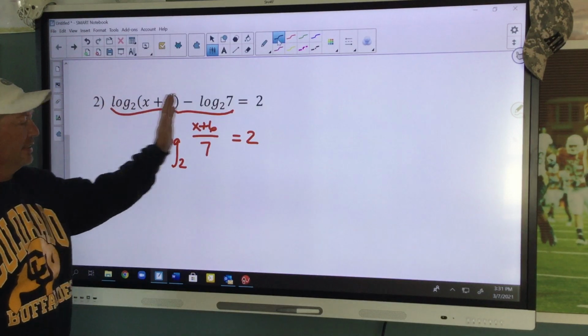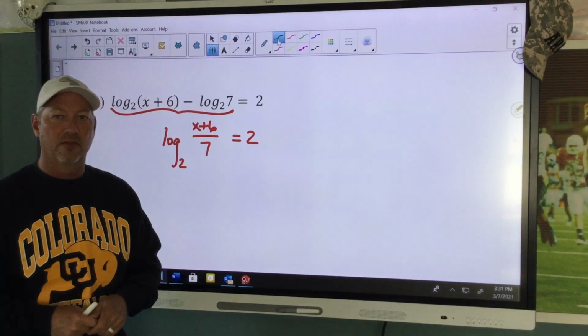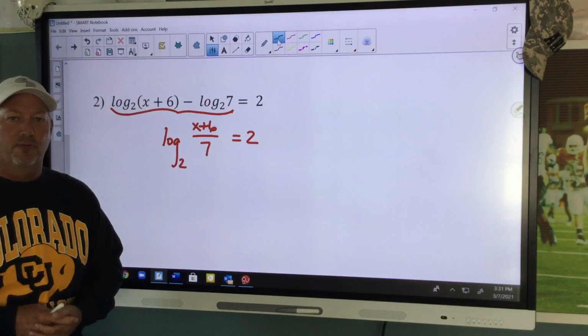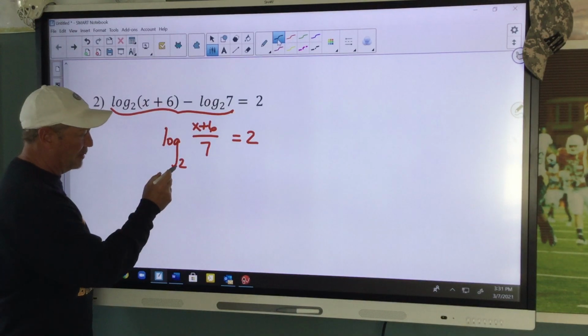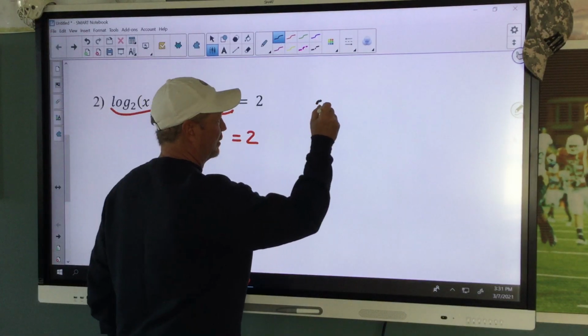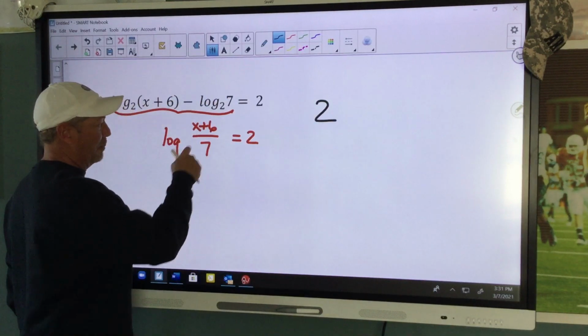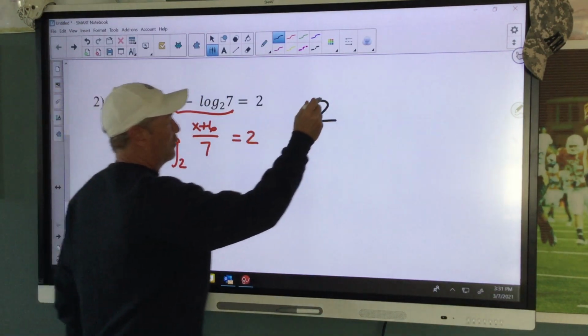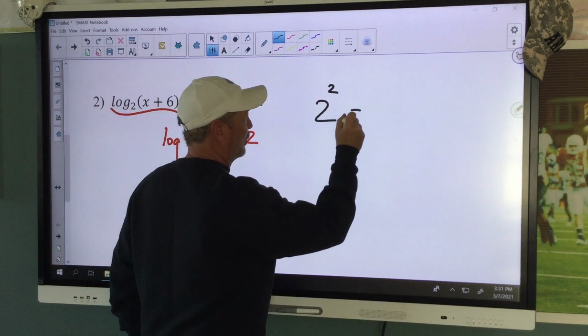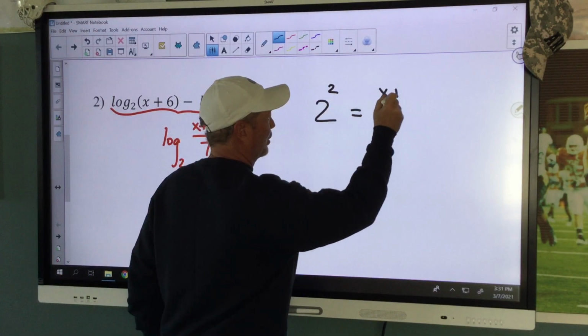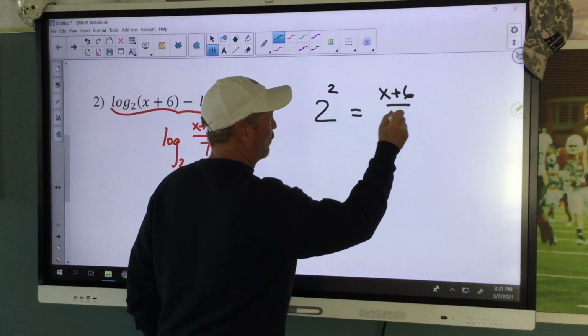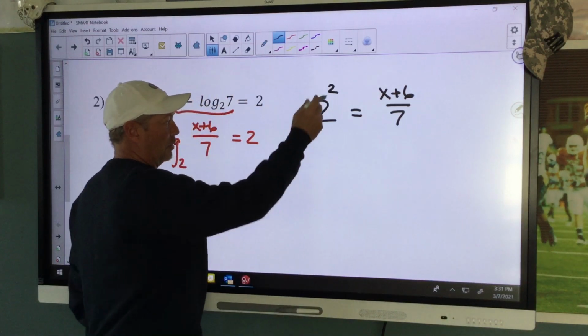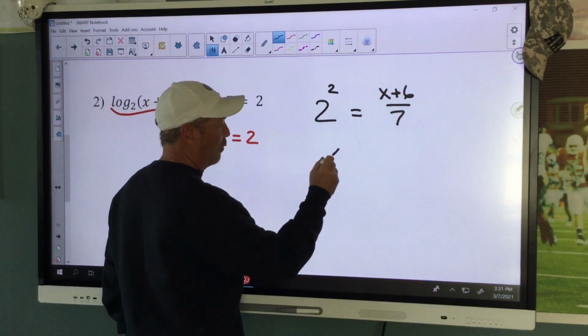So we're going to condense, and then we're going to ask you to convert this to exponential form. My base will stay my base, but instead of being paired with the fraction, the 2 will be paired with this 2, and that will equal x plus 6 over 7. 2 to the second power is 4.